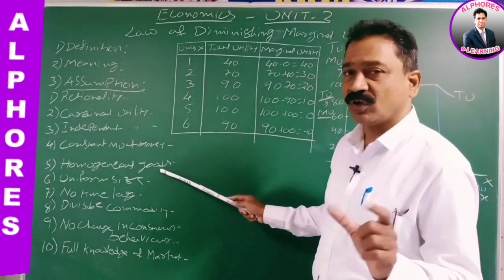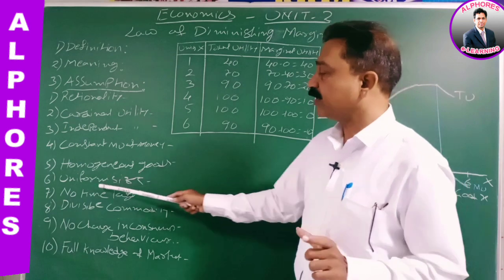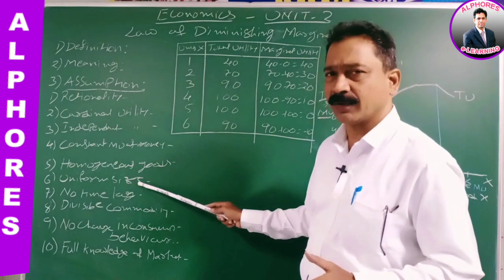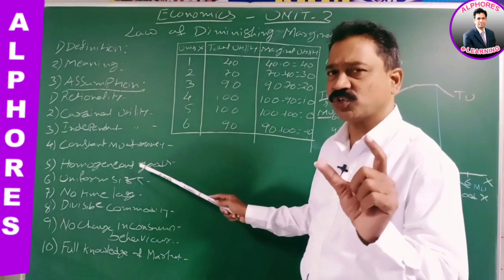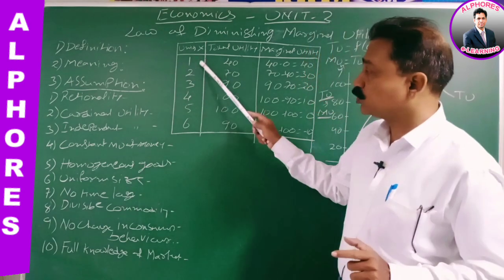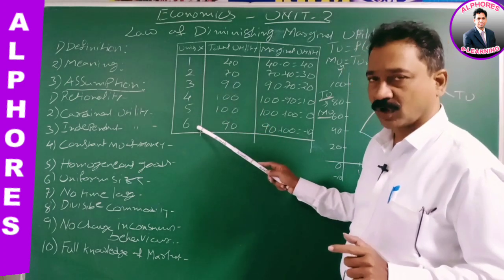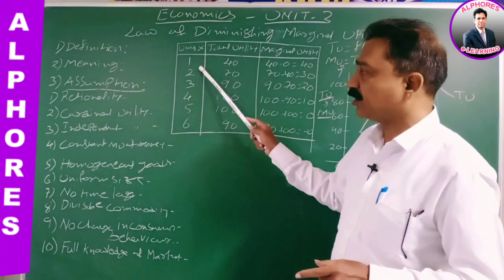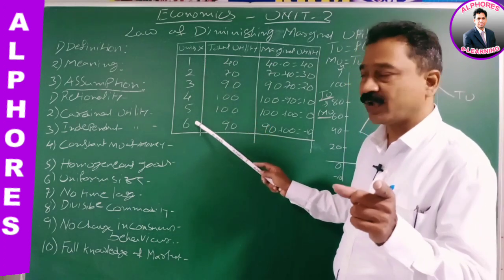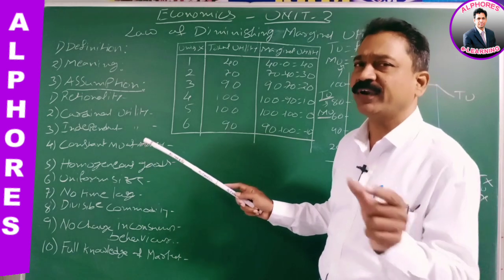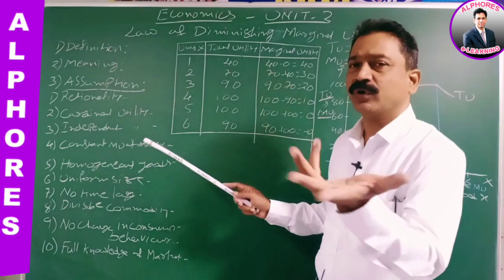Homogeneous goods: all the commodities are the same, and uniform in size, color, everything is going to be the same, like a mirror image. Next, no time lag. The consumer who is using the commodities should not have any time lag. Like you are eating all the mangoes at a time, without any time gap. That's why the satisfaction decreased. If I tell you to eat one in the morning, one in the afternoon, one in the evening, it won't happen like that.